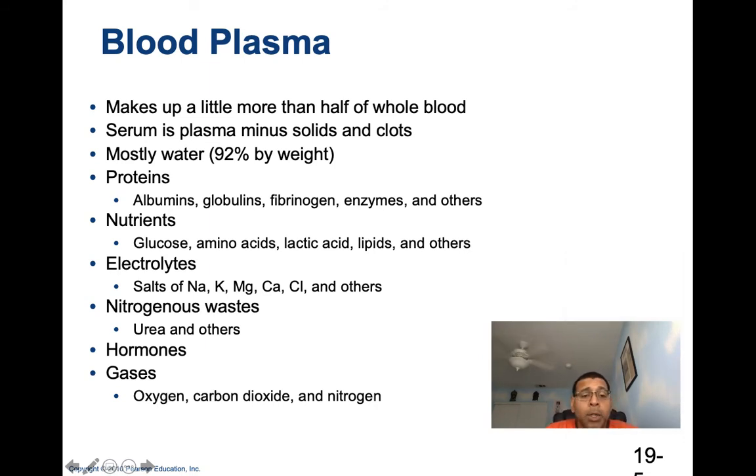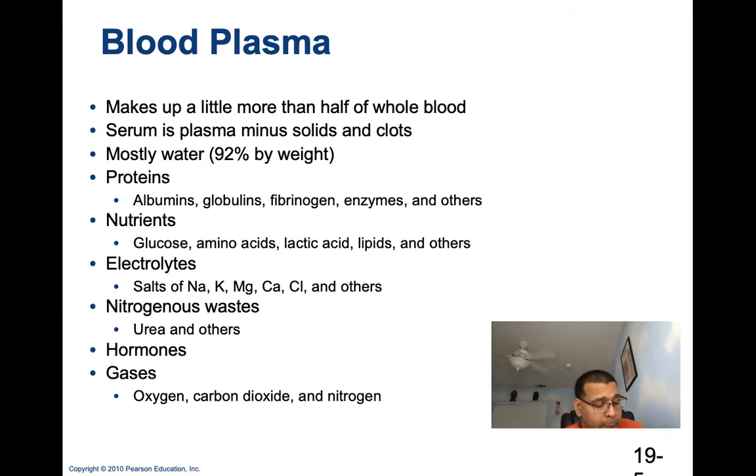We have also organic nutrients here as well. Organic nutrients that are going to be found in the plasma will include materials absorbed from the GI tract and then transported for use throughout the body.